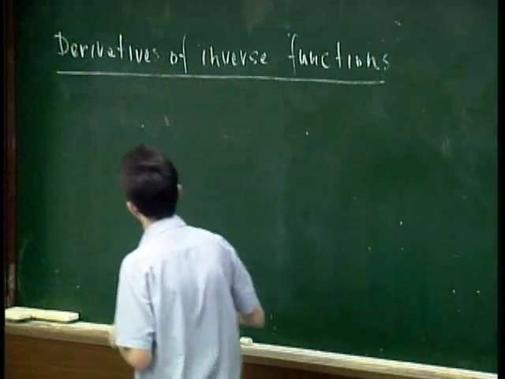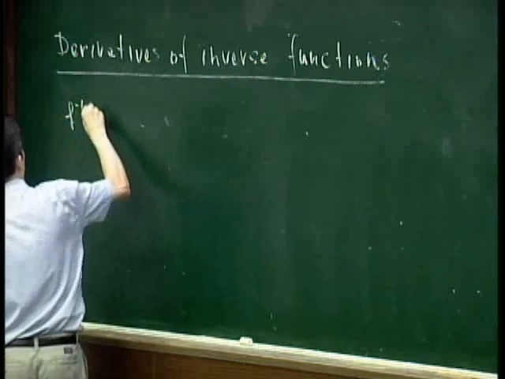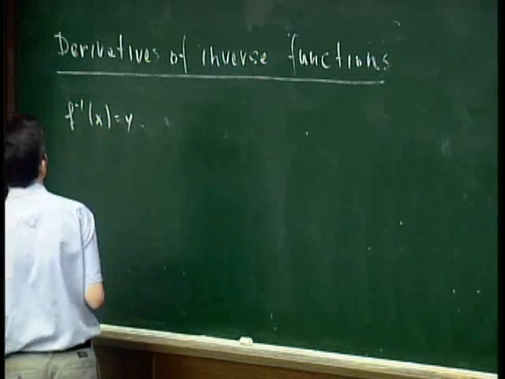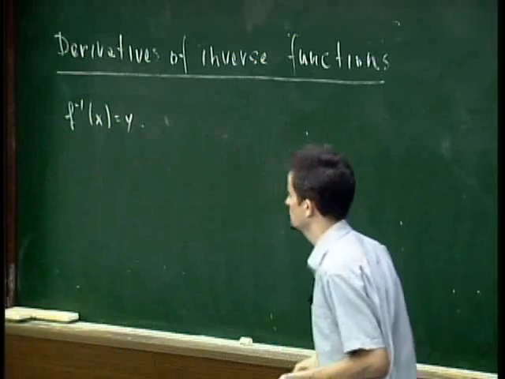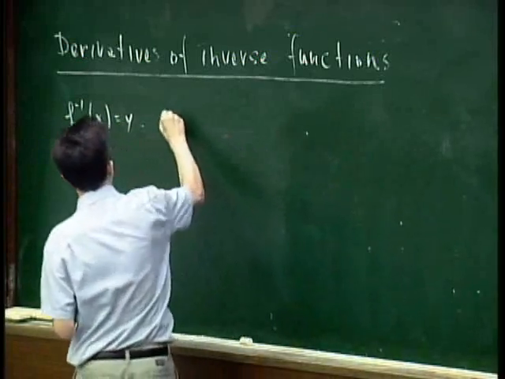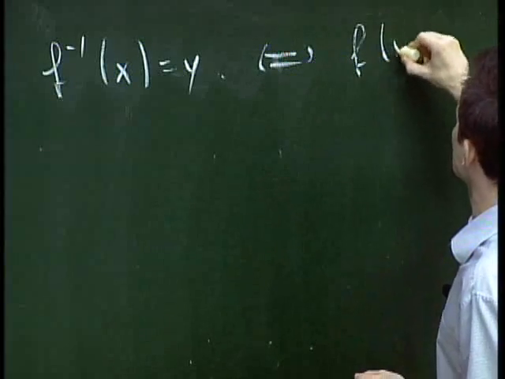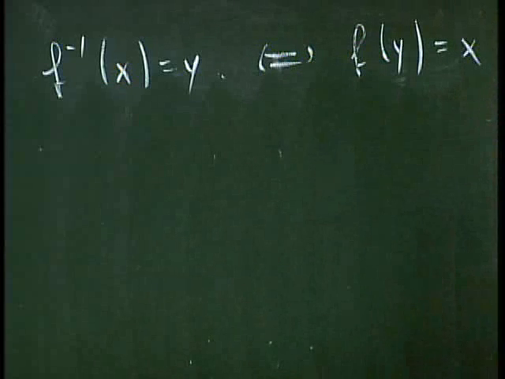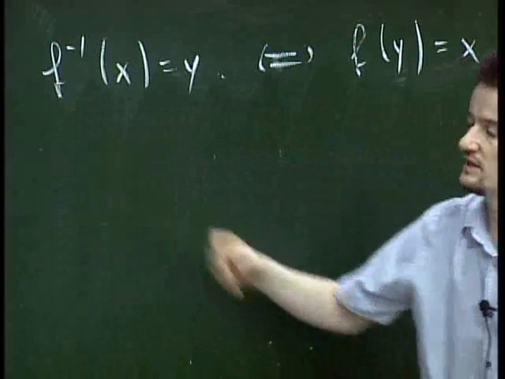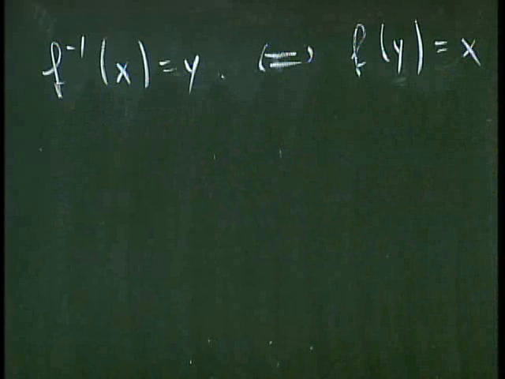So we have given the inverse of some function. Now, by definition, this means that f of y is equal to x. And you can interpret the inverse function as given by this implicit equation here.